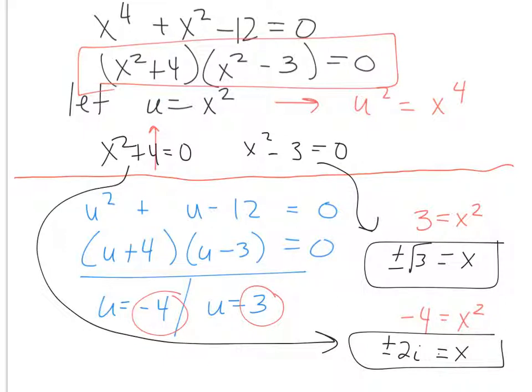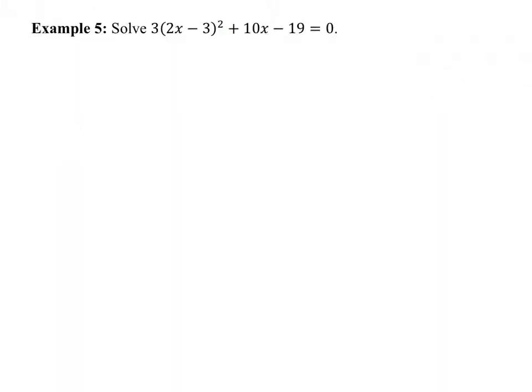Hey, the last one for the day. The last one I want to get through. This is a more difficult problem. Suggestions? Any idea on this? I'm going to give you a quick hint. I need 2x minus 3 somehow, because I can't alter that.